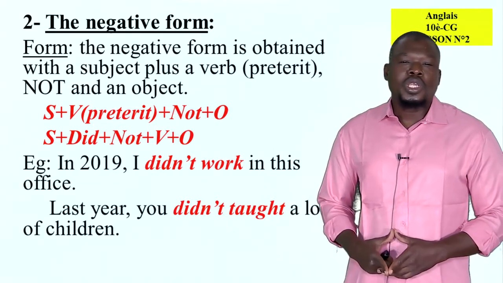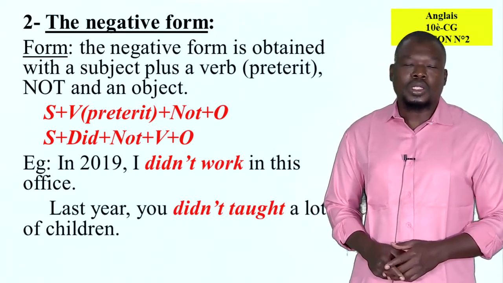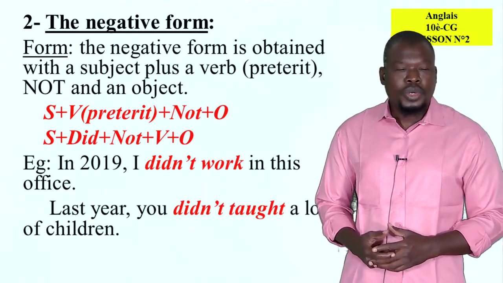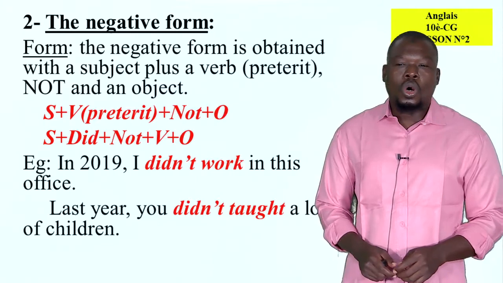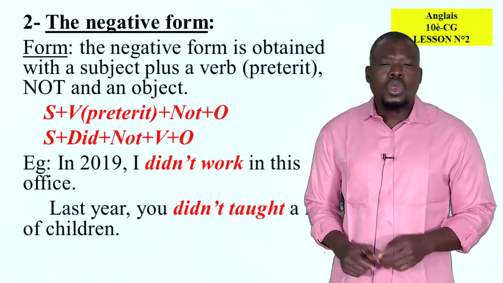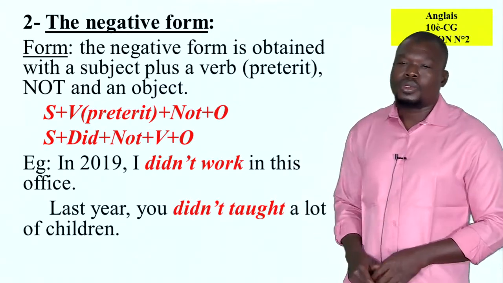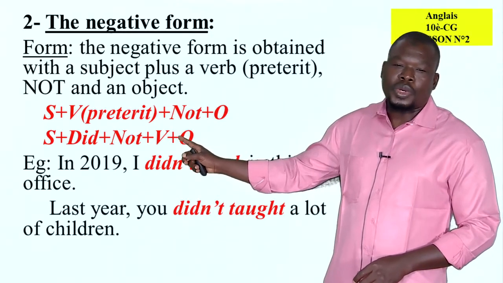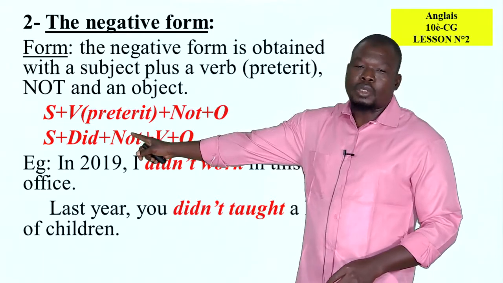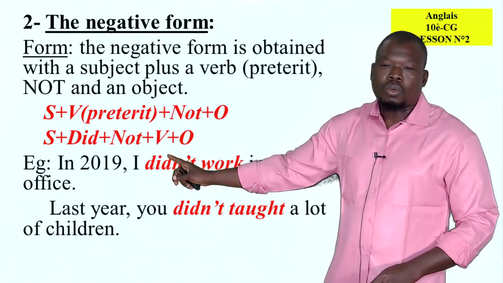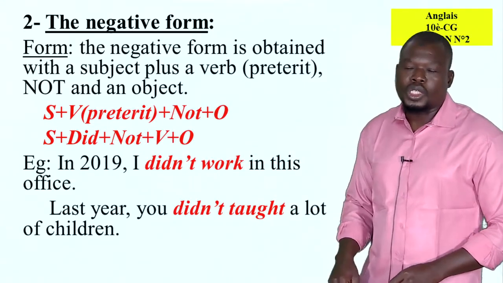The negative form is obtained with a subject plus a verb in preterite, plus not, and an object. We have two possible formulas here: subject plus verb in preterite plus not and an object, and subject plus did plus not plus the verb and an object.